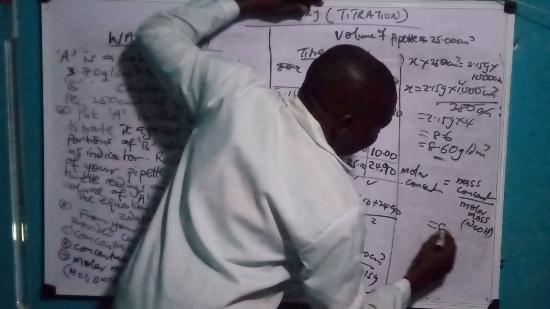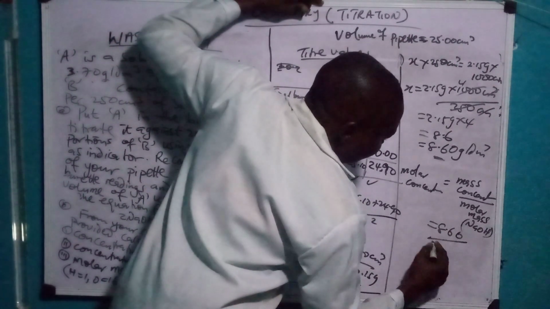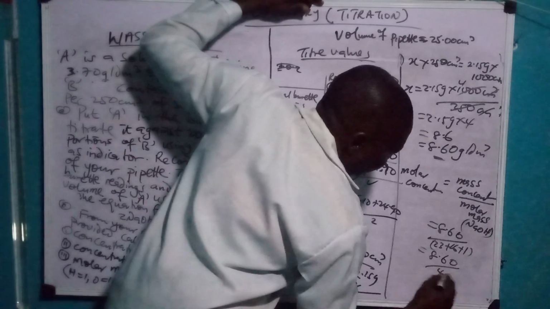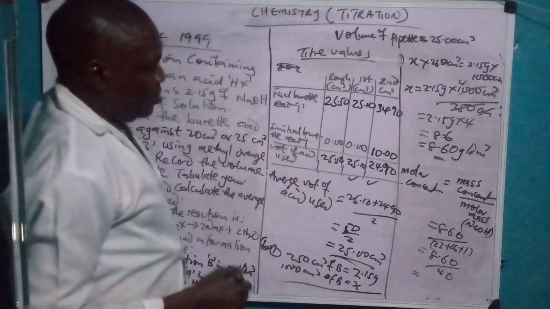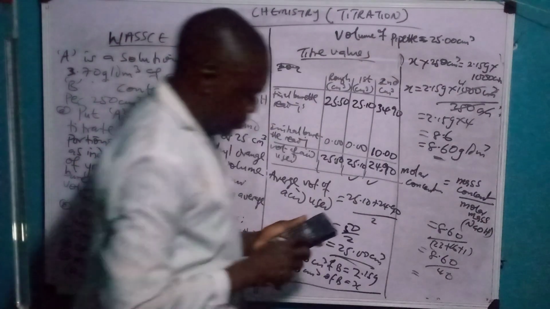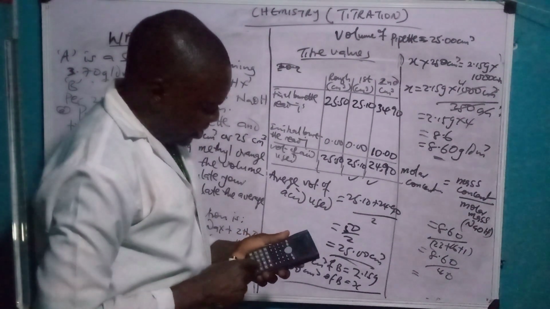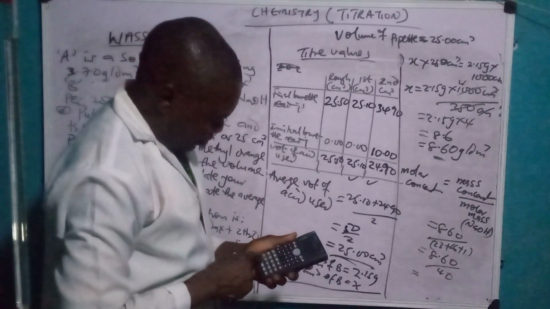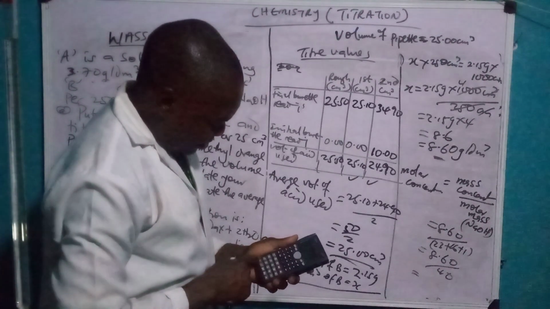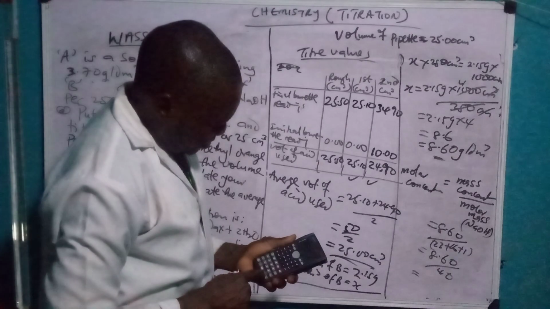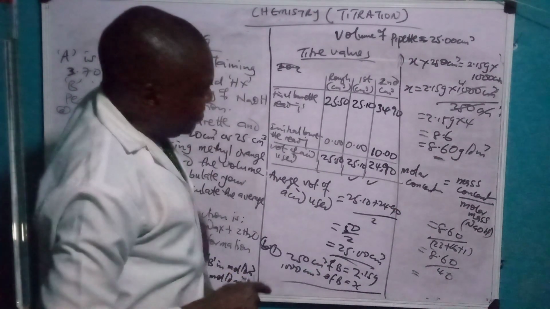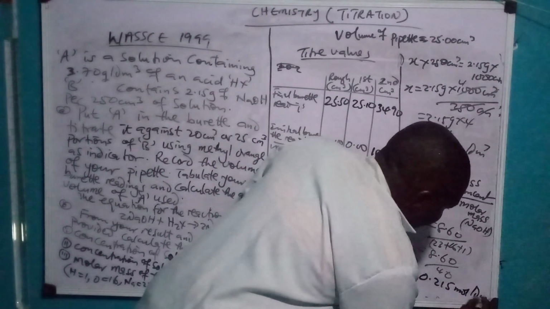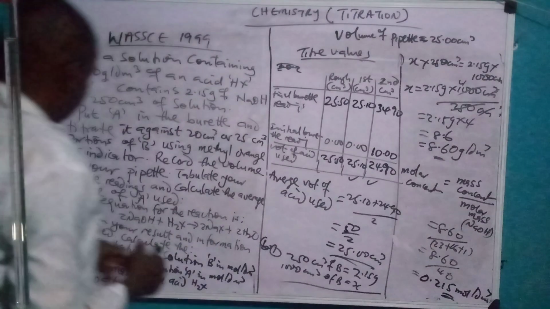So it becomes 8.60 over 23 plus 16 plus 1. 8.60 over 40. 8.60 divided by 40 gives you 0.215. 0.215 mole per dm cube. So that's what we have now for Roman figure 1.